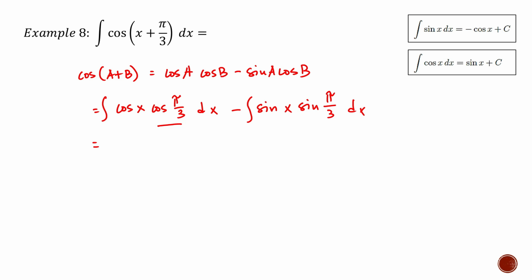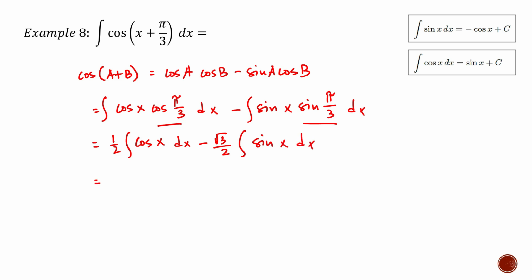What is the equivalent of cosine pi over 3? I believe that's 1/2. So I will put that 1/2 outside. And then what about sine pi over 3? That's square root of 3 over 2. Let's put that outside.